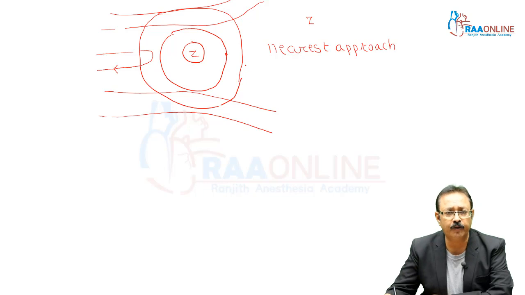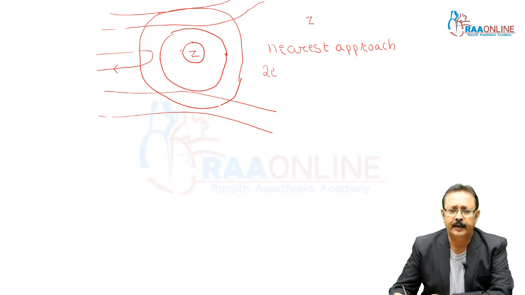We know that an alpha particle has a positive charge equal to 2 electrons, and the nucleus has a positive charge Ze.